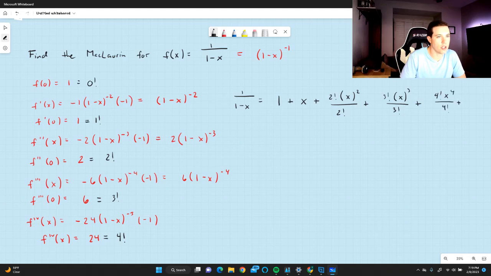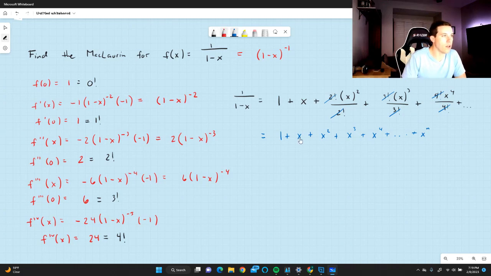And hopefully you're catching on to what's happening. These just keep canceling. So we've discovered our MacLaurin series for this weird function, which is 1 plus x plus x squared plus x cubed plus x to the 4th plus ... In general, x to the n.